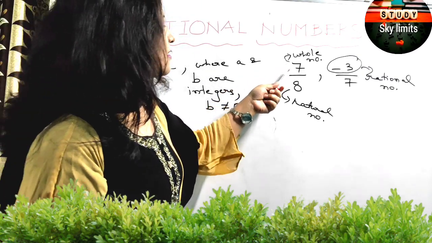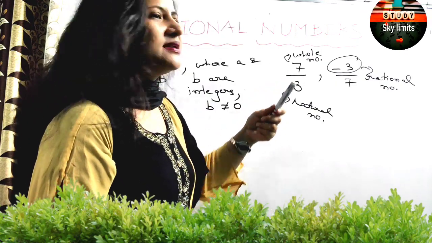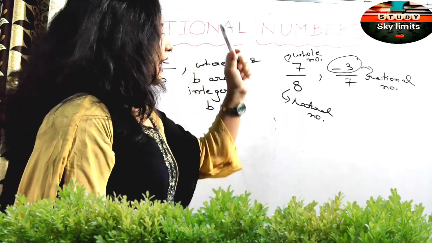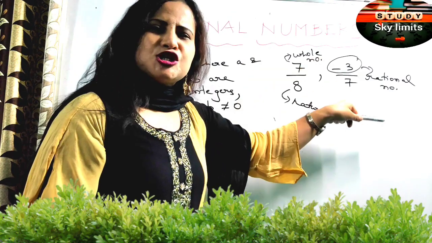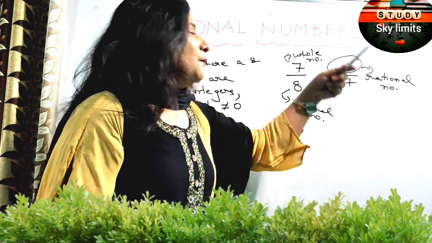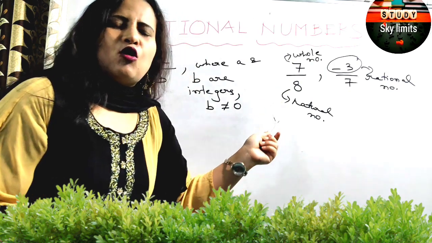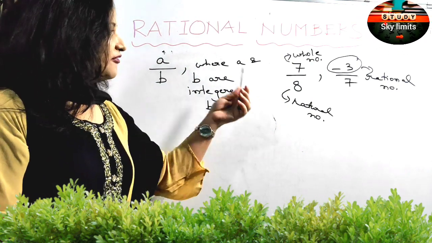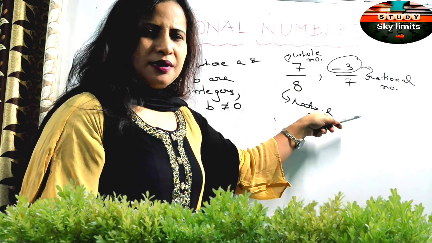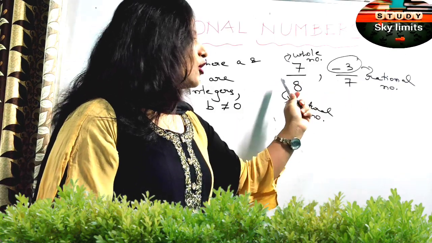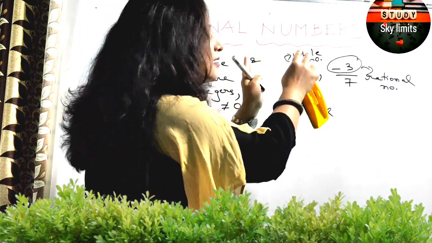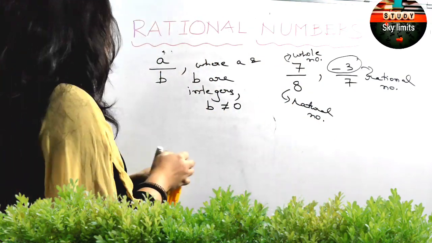Now, do you think this is a rational number? Yes, 7 is a positive integer. 8 is a positive integer. So, every fraction is a rational number. That is true. But every rational number cannot be called a fraction, because for fraction, there is a limitation.